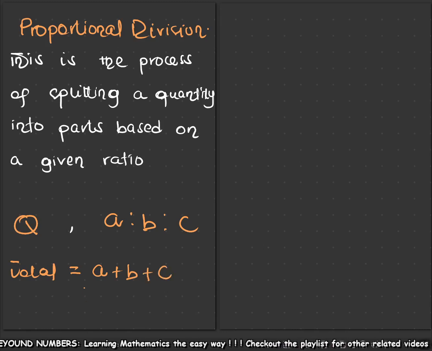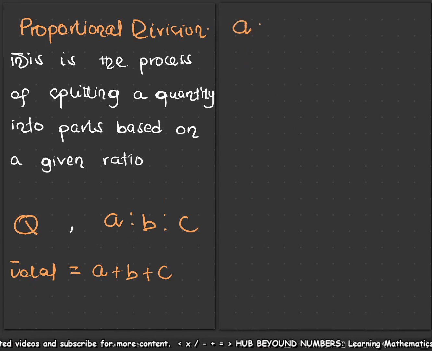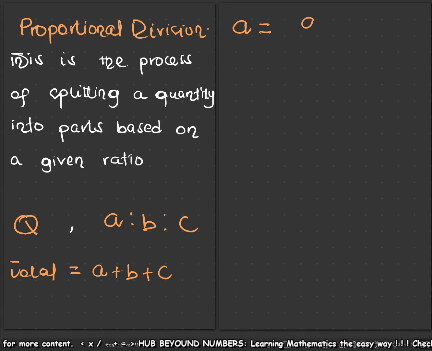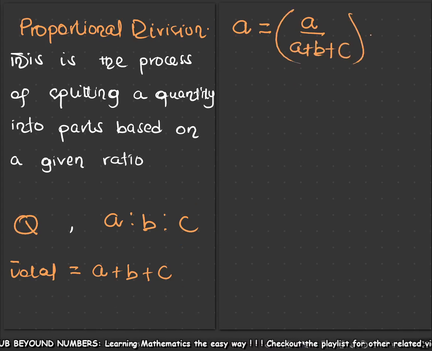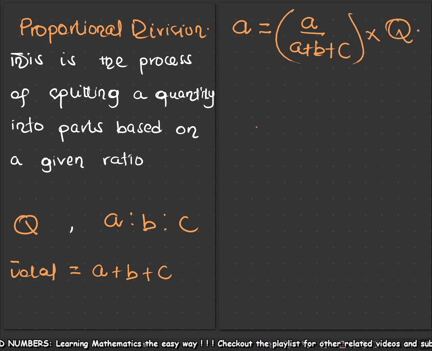Now, if you are able to add this, your total ratio, we say the first part is for the ratio A, the second part is for the ratio B, and the third part is for the ratio C. For the first part, which is A, it is going to be A over the total ratio, A plus B plus C, multiplied by our total quantity.